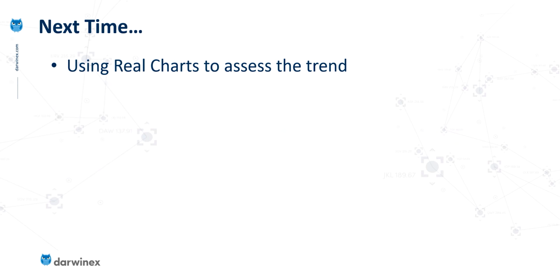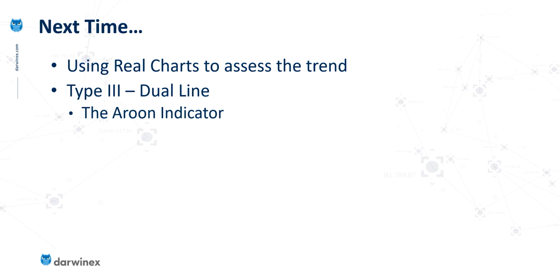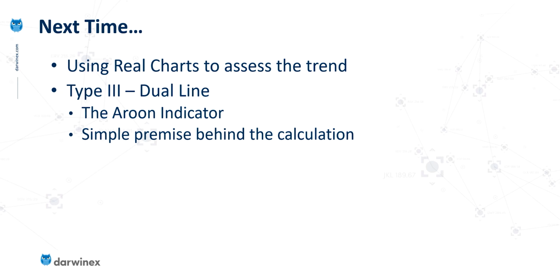Now in the next episode, I'm going to start looking at real charts to assess the trend, and I'm going to use this type 3 dual line oscillator. And in particular, we're going to look at a lot of detail around the Aroon indicator. And the reason I like this so much is that, firstly, the premise behind the calculation is really simple.